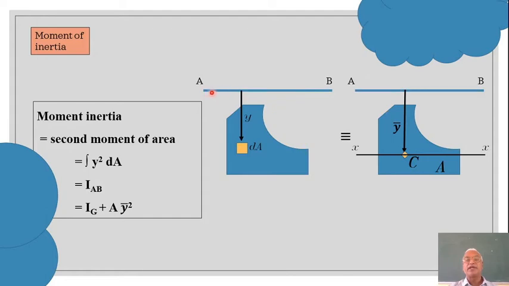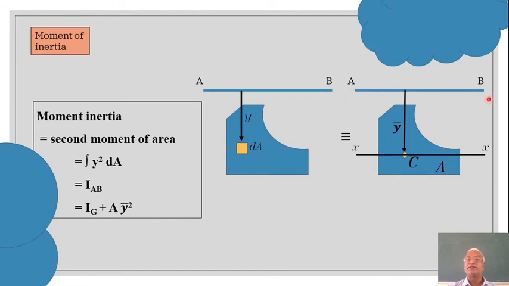So this is about AB, but this is equal to, because of the parallel axis theorem, if I know the moment of inertia about the centroidal axis, which is represented by IZ here, then IZ plus the area multiplied by the square of the distance between the two axes.